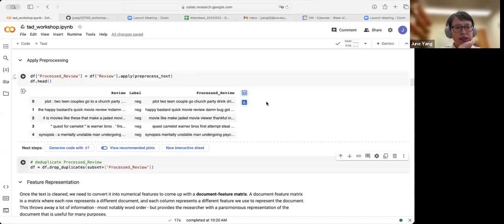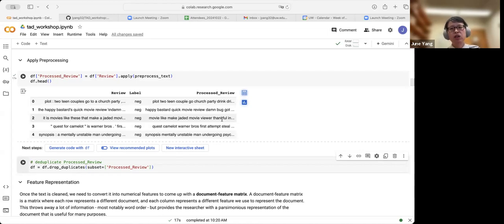We can notice that this processed review looks definitely cleaner than the raw text. It doesn't contain any punctuation, and some very common words like "is" and "it" have disappeared, right? But are we confident that we've cleaned all the nuances that we don't want?